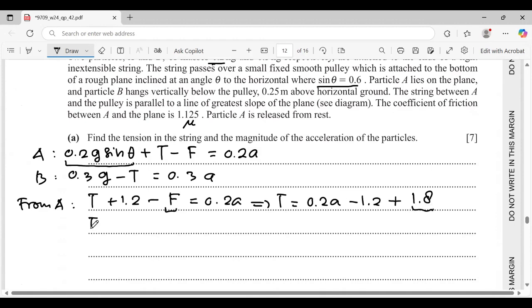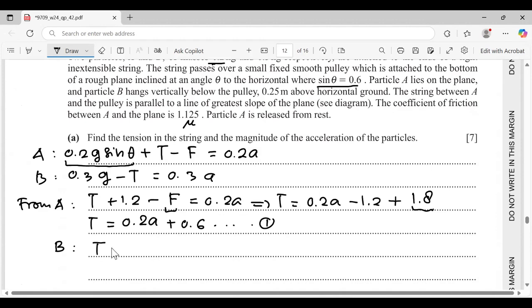So T equals 0.2A plus 0.6. This is the first equation. Next, from particle B, we simplify this equation. 0.3 g minus T equals 0.3A, so T equals 0.3 times 10 minus 0.3A.